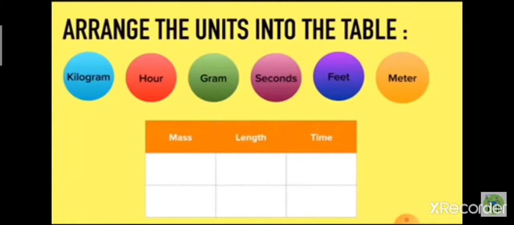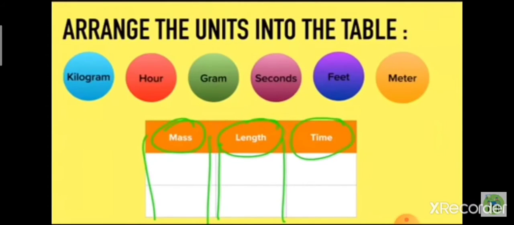Students, you can have a look at the screen. You have been given 6 units and there are 3 columns: mass, length and time. Mass has a different column, length also has a different column, and time also has a different column.